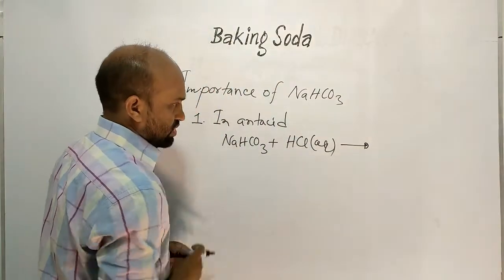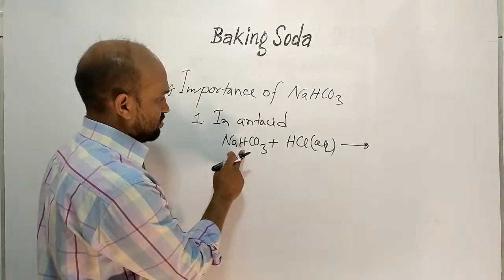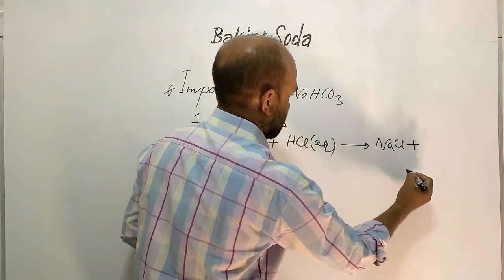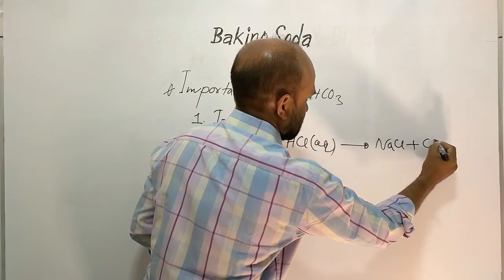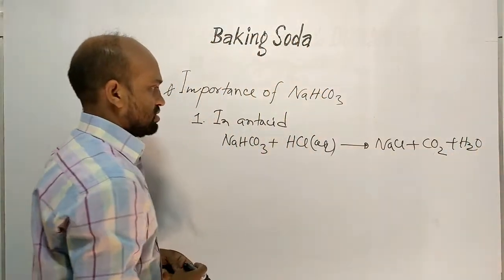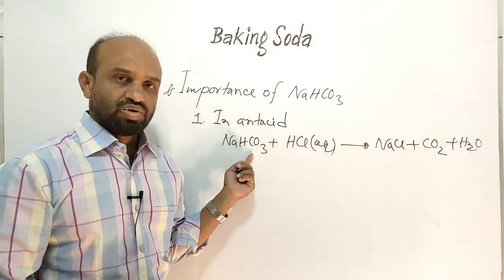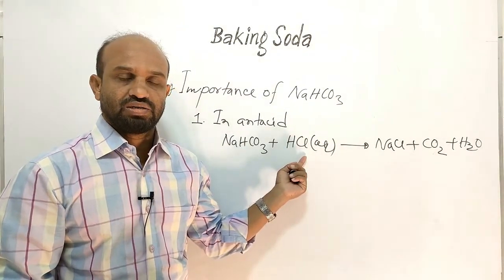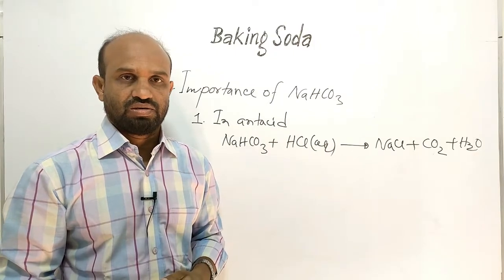Then hydrochloric acid is neutralized by baking soda to sodium chloride salt, carbon dioxide gas, and water. So, sodium bicarbonate can neutralize hydrochloric acid inside the stomach.